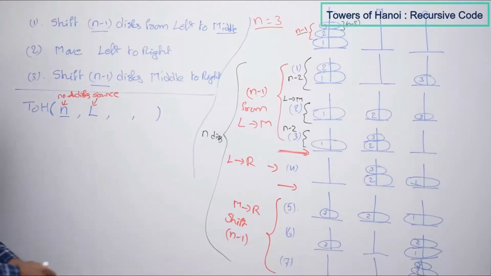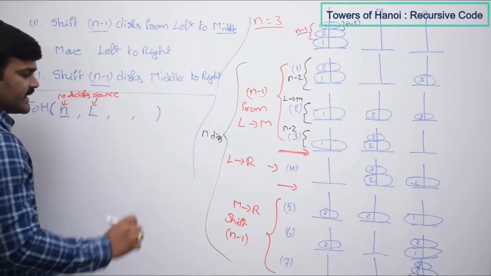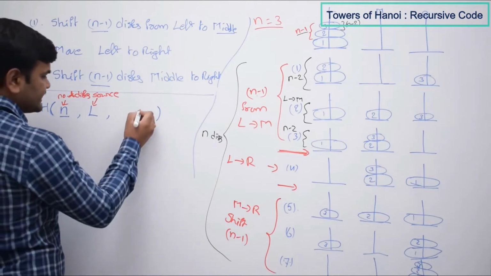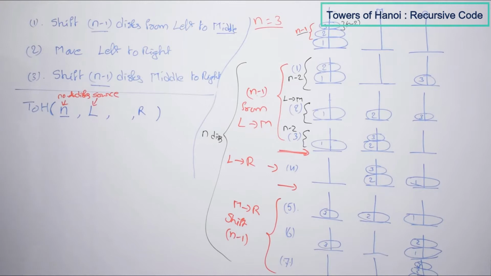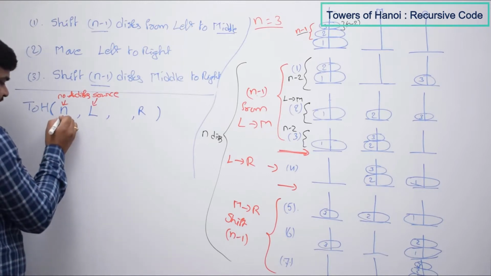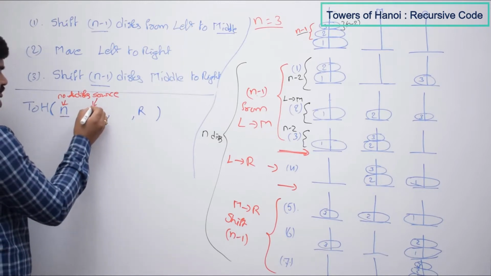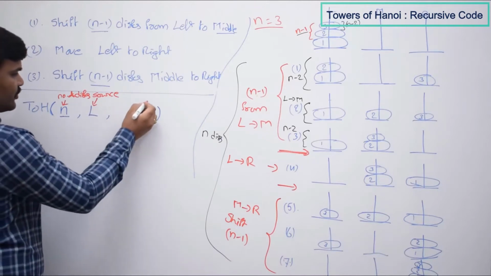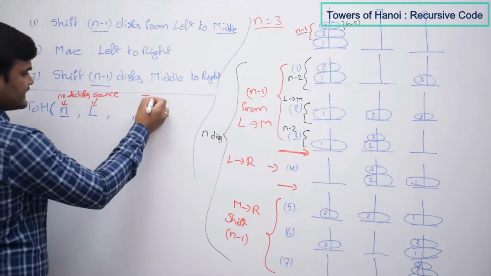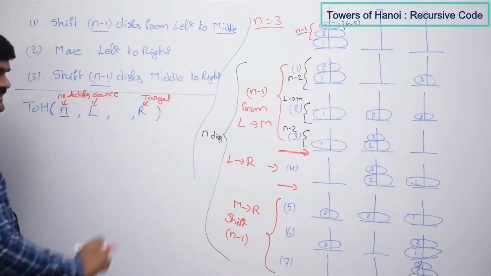And then what about the fourth parameter? The fourth parameter is always the destination. So to where you have to shift these n disks from source, that is from left to right tower, this is always the target position.